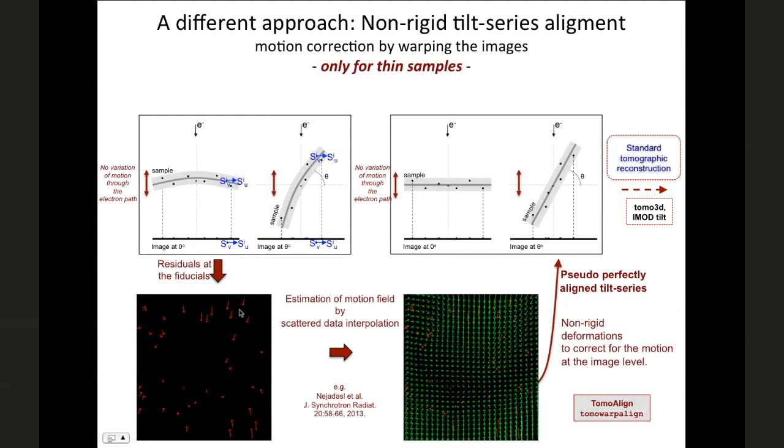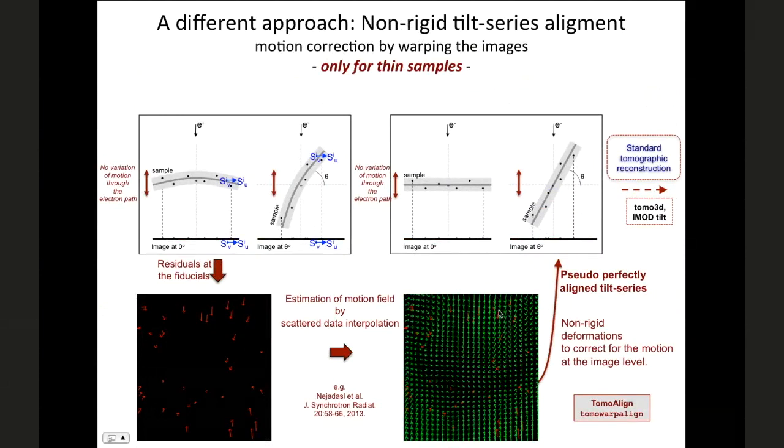We have the residuals, we can obtain a smooth, continuous model in green, and now if the variation of the motion in the electron beam can be ignored, we can compensate the motion directly by deforming the image.